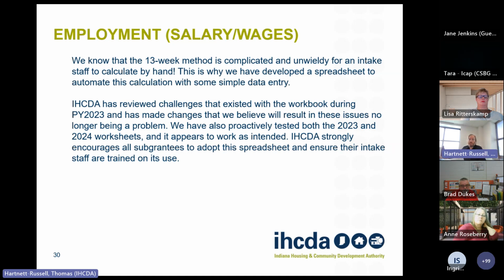My goal is absolutely to have this right, and to have a tool that we can feel comfortable and confident in and trust is reliable. So we do strongly encourage all subgrantees to adopt this workbook and to ensure intake staff are trained on its use.